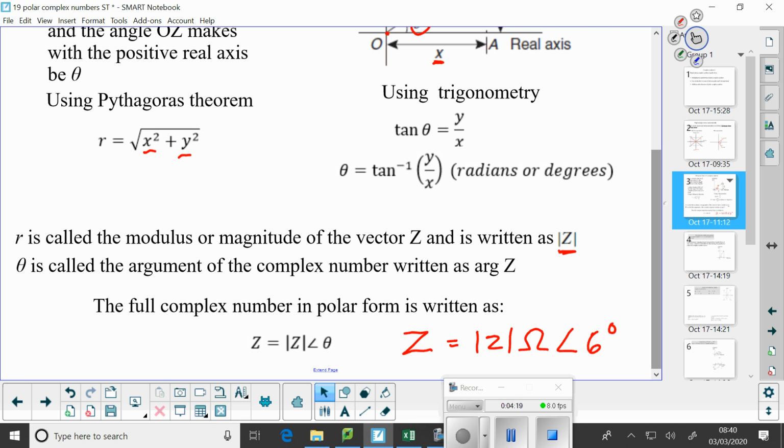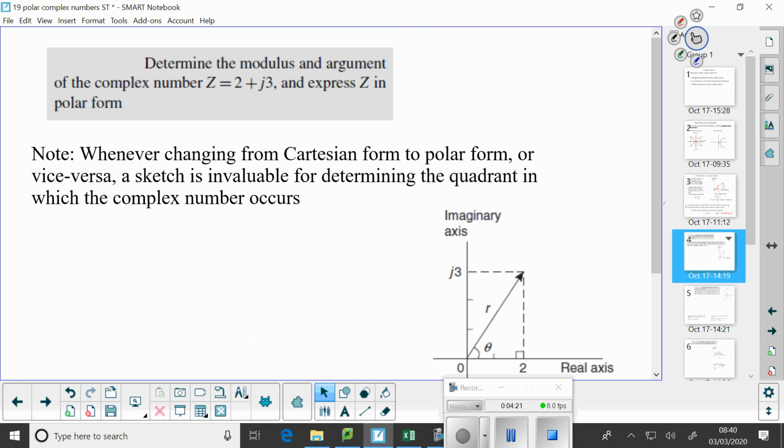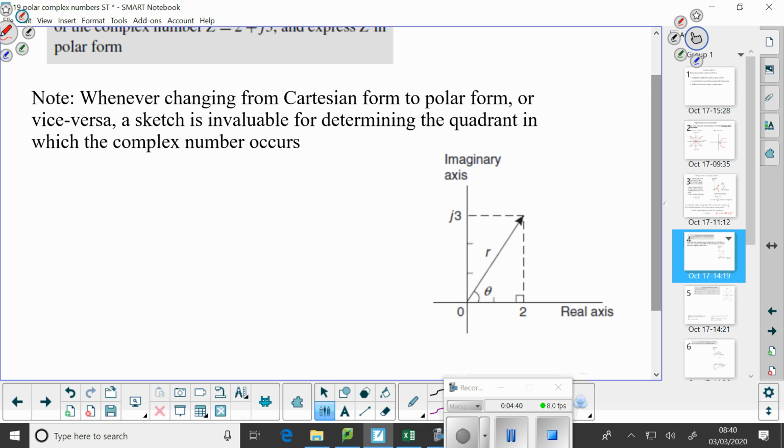So let's have a look at a problem then. Determine the modulus and argument of the complex number z equal to 2 plus 3j and express it in polar form. So we're 2 on the real axis and 3 on the imaginary axis.